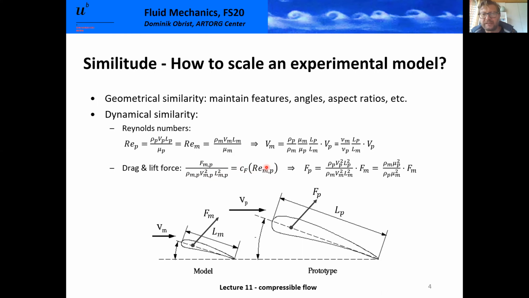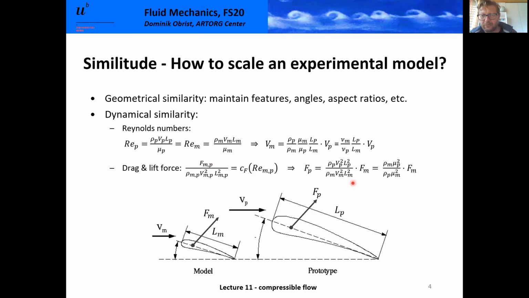Because we made sure in the equation above that the Reynolds number is the same in the model and in the actual problem, we know that through Buckingham pi, this coefficient will be the same. This is already ensured. So we can use this ratio here, or we can say this ratio must be true as well for Fm, the model force, and for Fp.